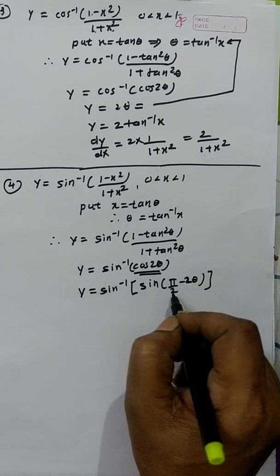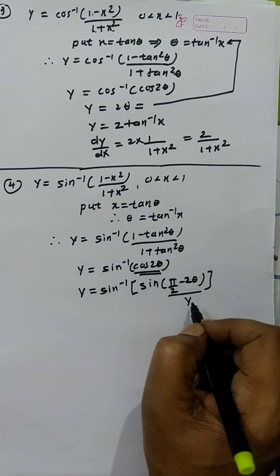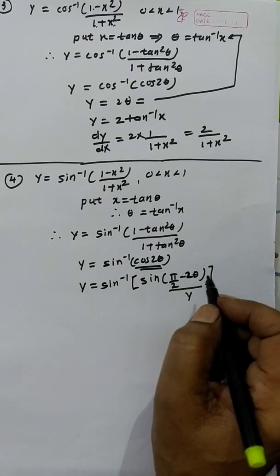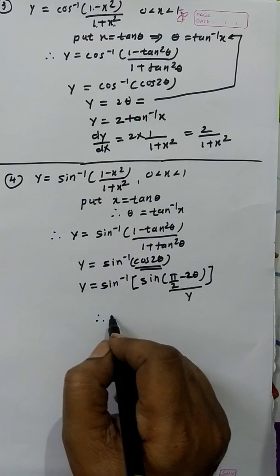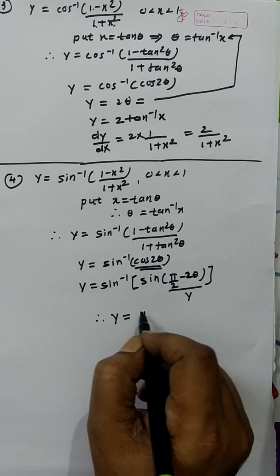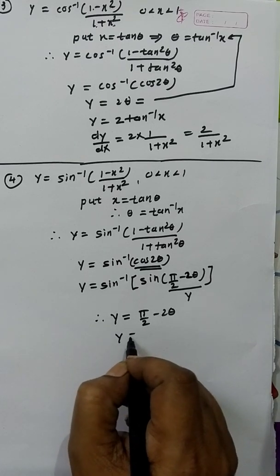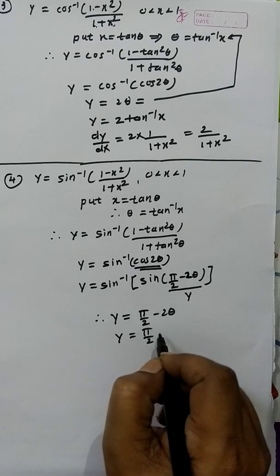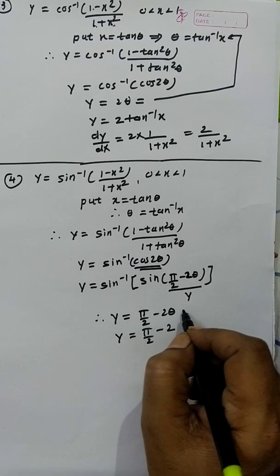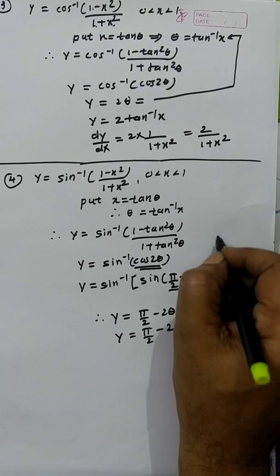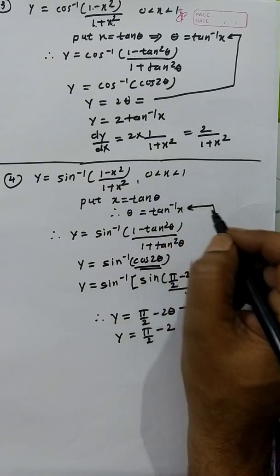Now this is again like sine inverse of sine y. But what is y here? y is pi by 2 minus 2 theta. So y equals pi by 2 minus 2 times theta, and theta is again tan inverse of x.